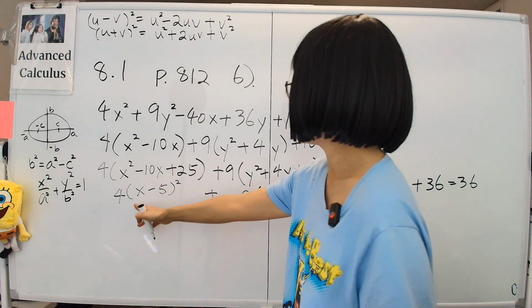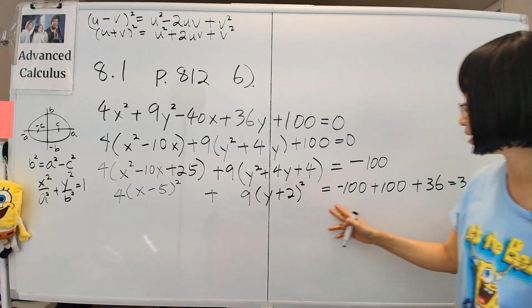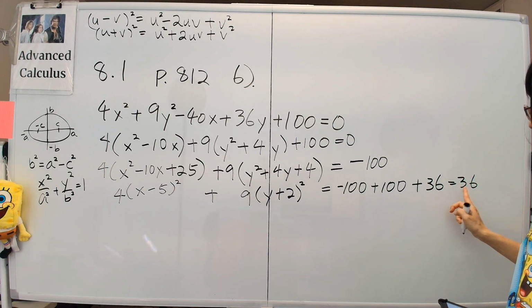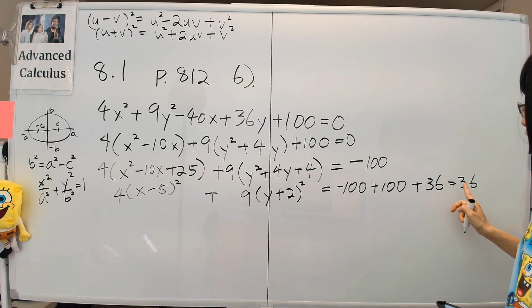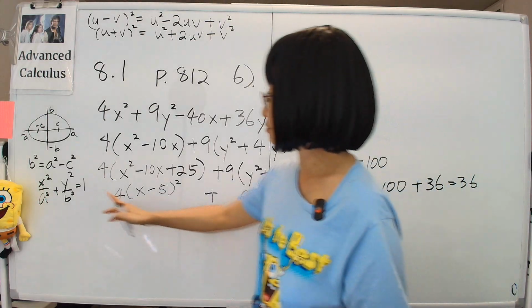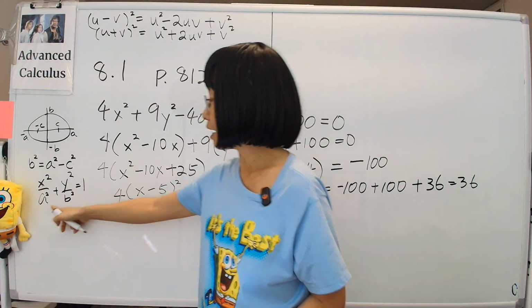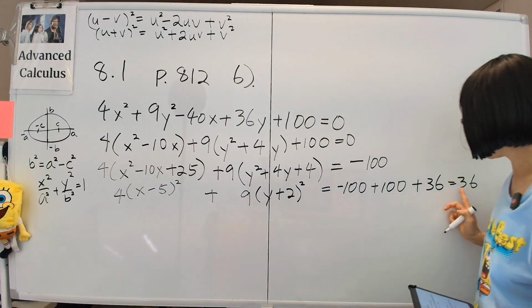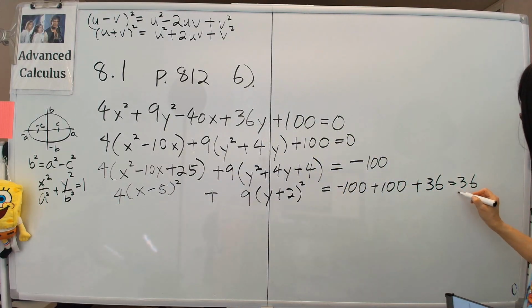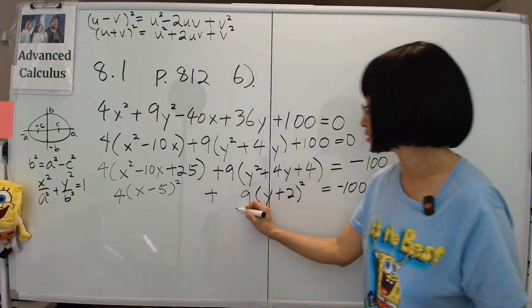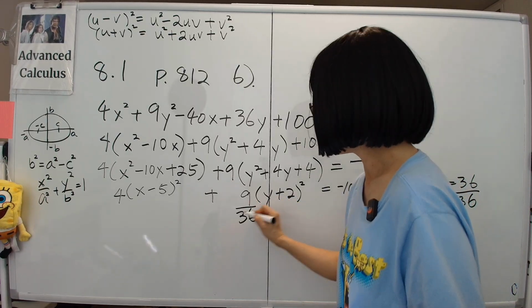So now we have this situation right here. And the next step, we need this number to be 1. For this number to be 1, as we did before, the reason we need it to be 1 is our standard form for an ellipse has a 1 at the end. So if it's 36, then we're just going to divide 36 across the board like we did in a previous example. Divide 36.